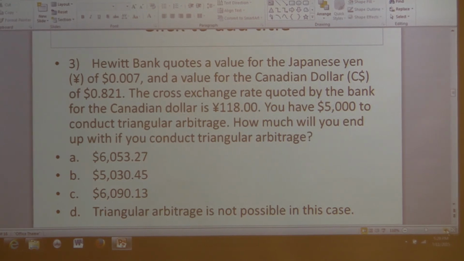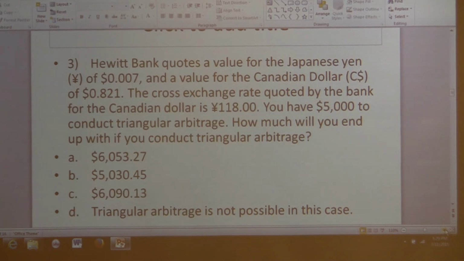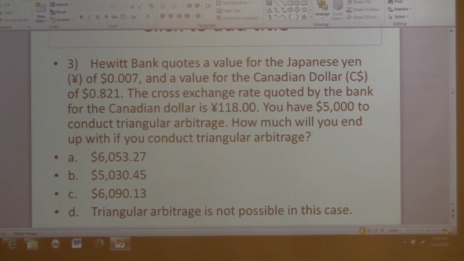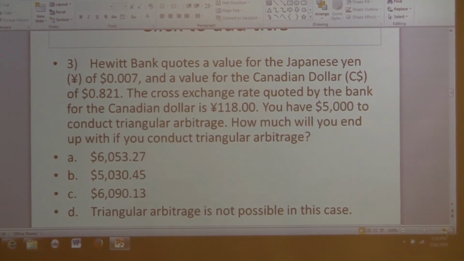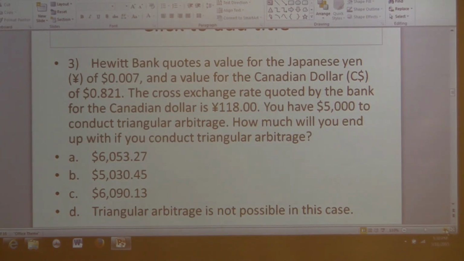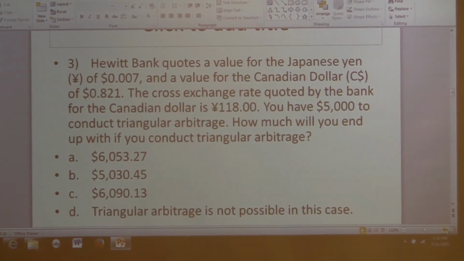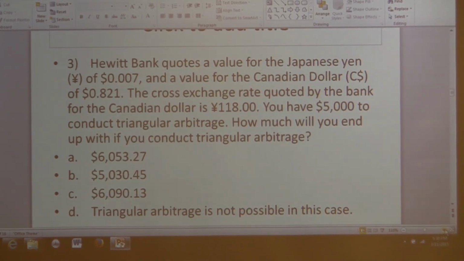Okay, so here, $6,090.13. Okay. So this is the amount of Canadian dollars you get.